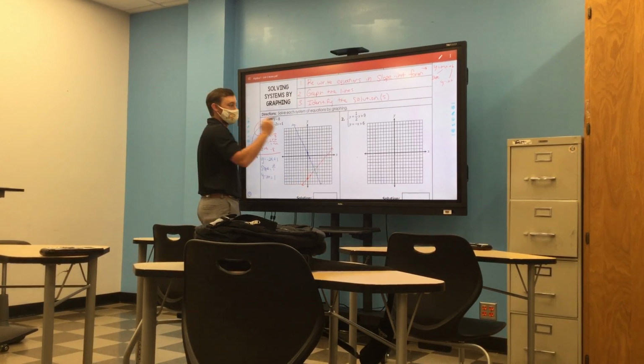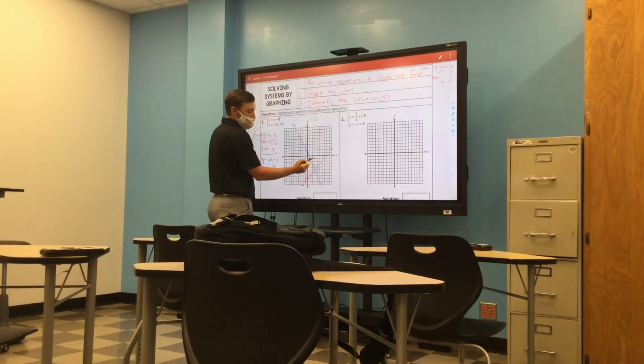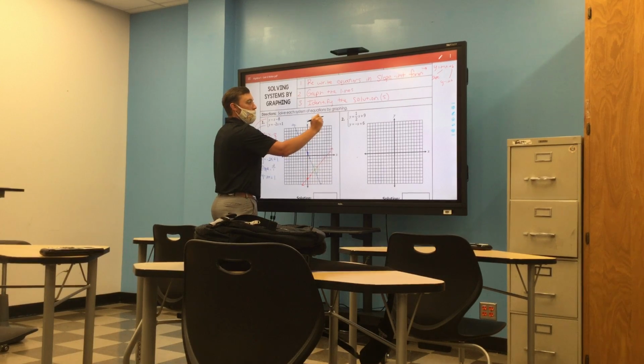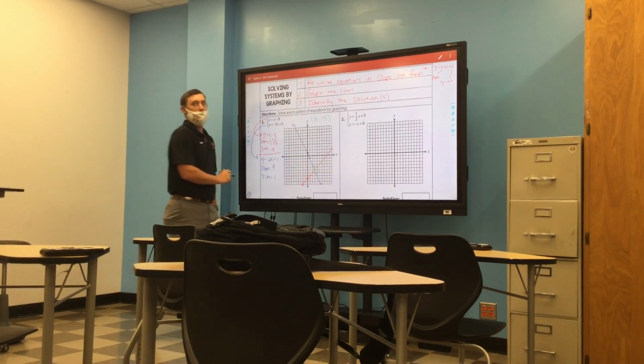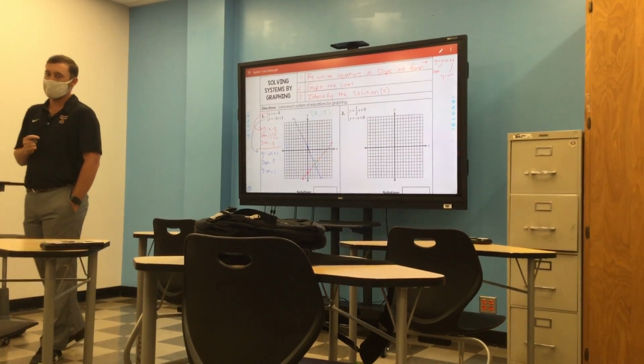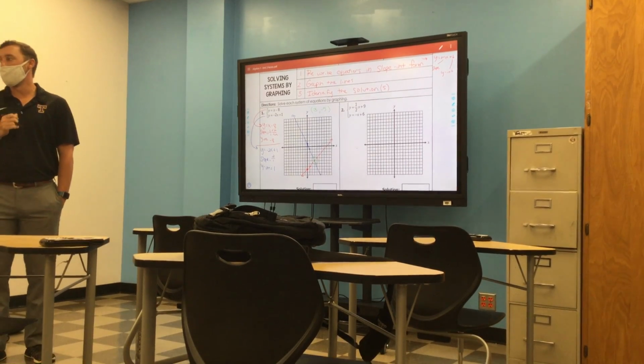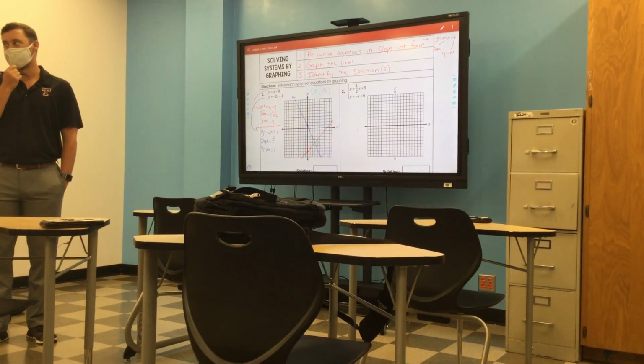I don't have enough room, so I'm gonna write it above. My x value is 3, my y value is down 1, 2, 3, 4, 5, so my y value is -5. So my solution is at 3, -5, an ordered pair. If I have an ordered pair, how many solutions do I have? 1.